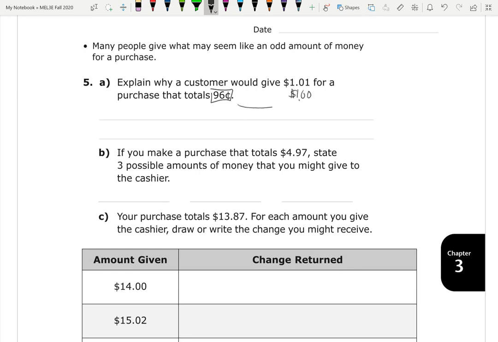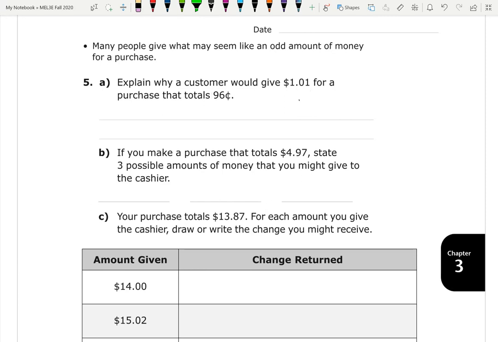Clearly, this customer doesn't want pennies. So instead, they gave you $1.01. So to go from 96 to $1.01, that's 5 cents. They don't want you to give them pennies. They want you to give them 1 nickel, less change in their wallets.